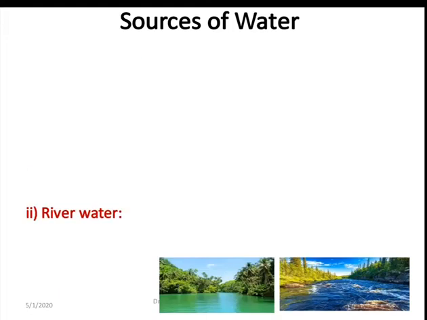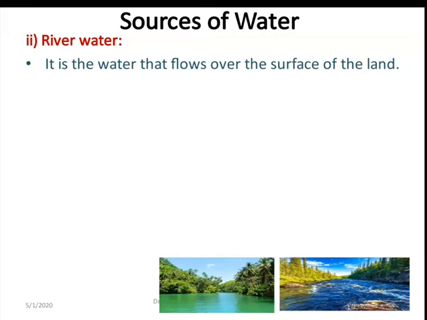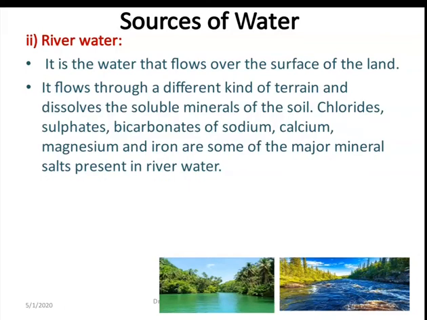Now coming to the second one, river water. As you know, this water flows over the surface of the land from higher hilly regions. It flows through different kinds of terrain and dissolves the soluble minerals of the soil.